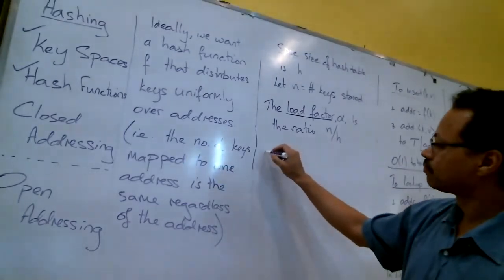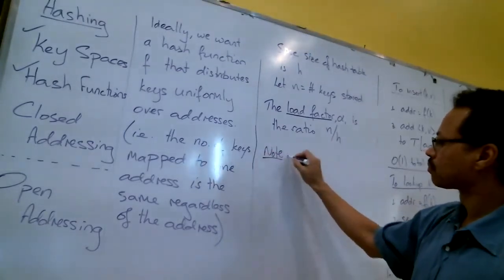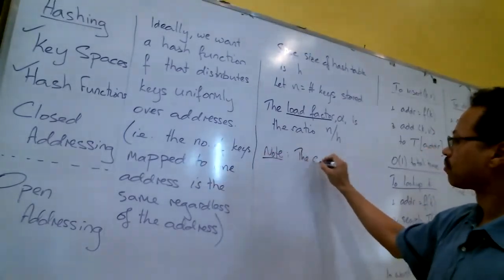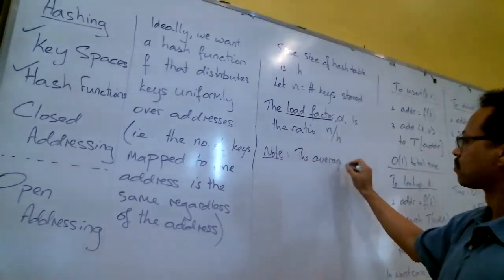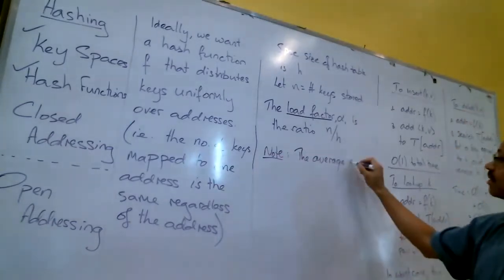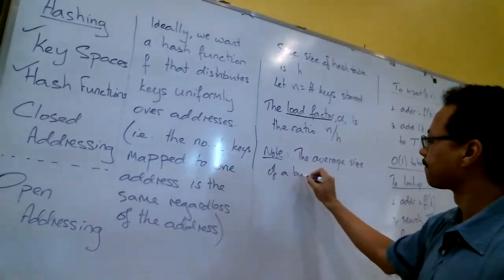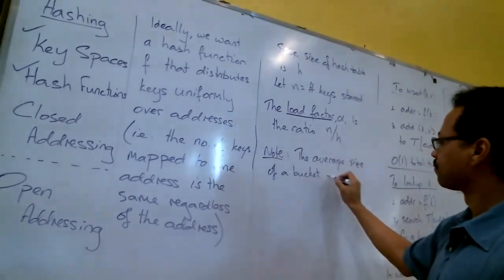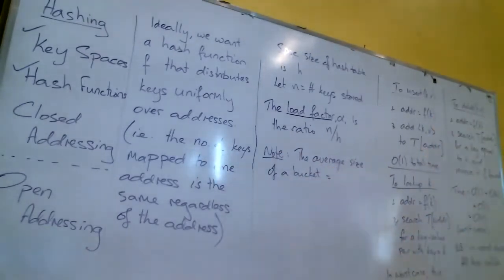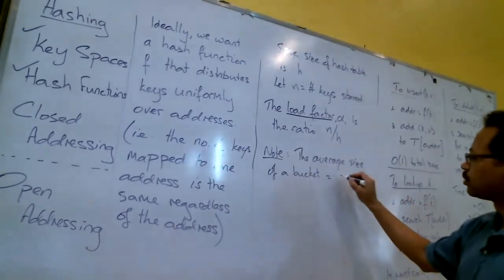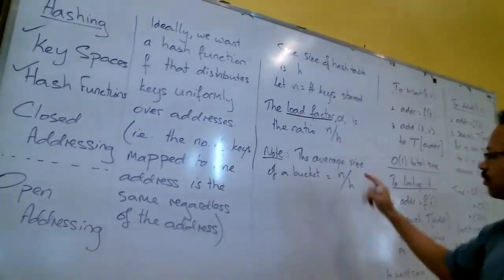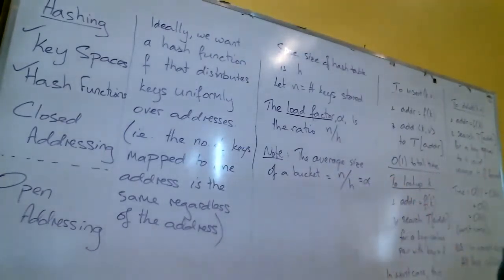So note, the average size of a bucket is going to be the total number of key values stored divided by the total number of cells available. So the average size of a bucket is going to be n over h, which is your load factor.